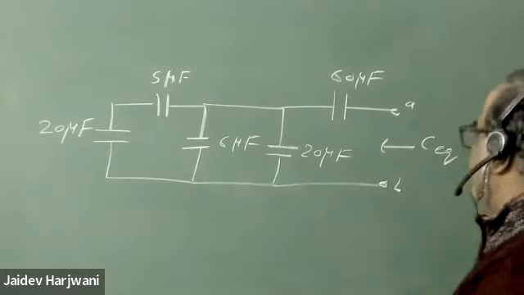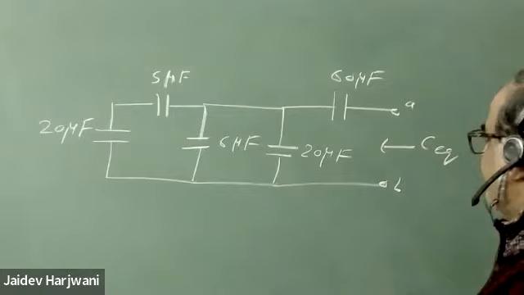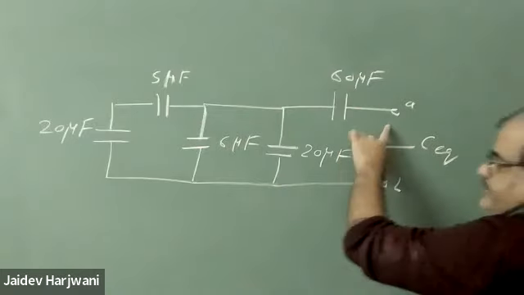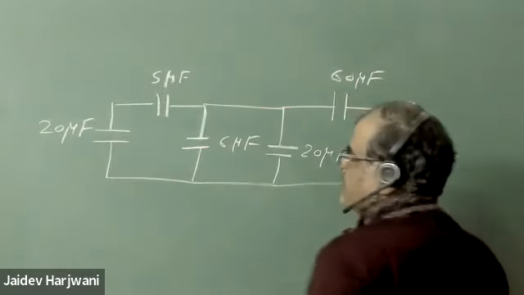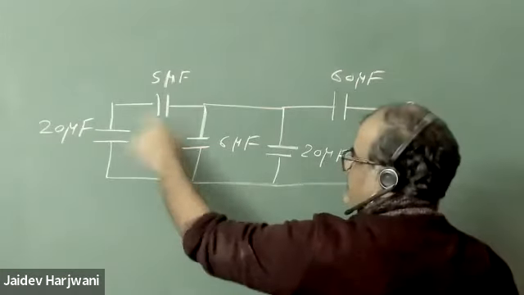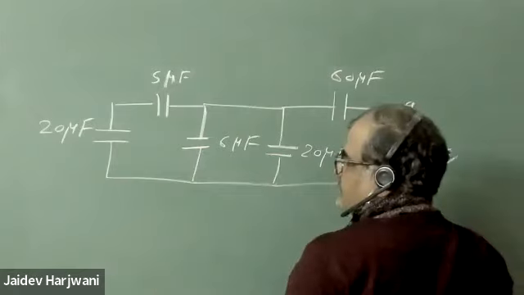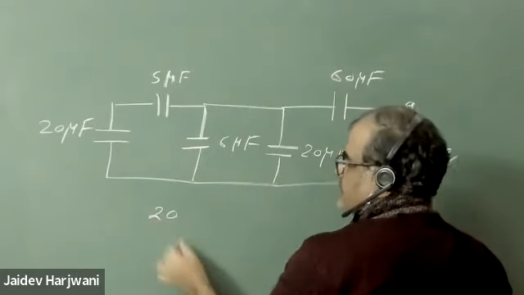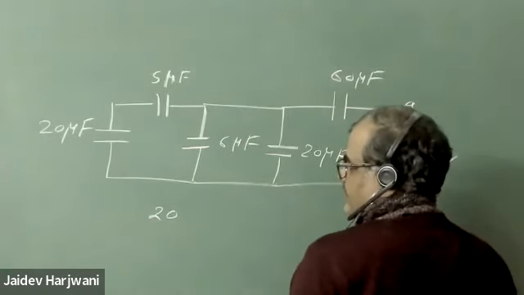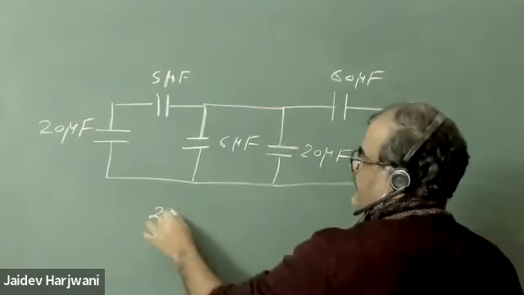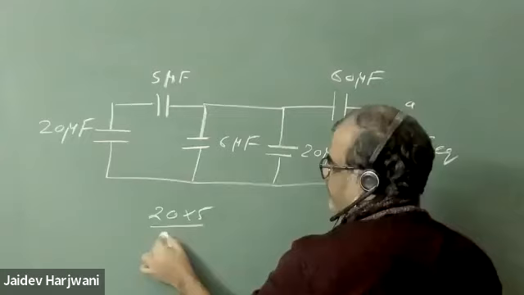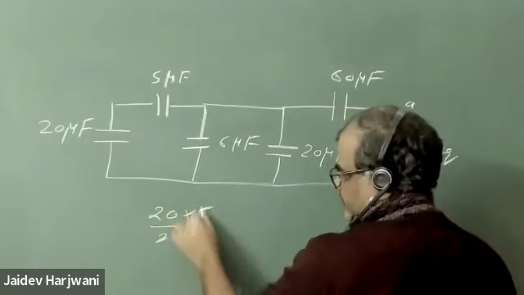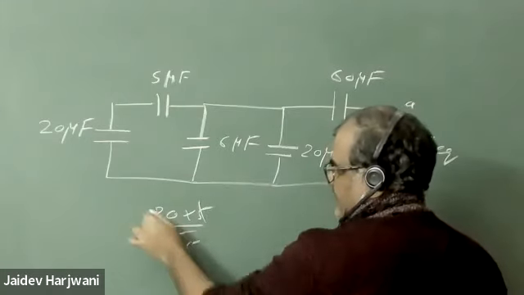So calculating C equivalent. Okay, so you can see here these two capacitors are in series. So the effective capacitance of these two capacitors in series, I can write, series capacitors add like parallel resistances. So 20 into 5 over total 25 microfarads. If you divide by 5, this becomes 5, this is 4.